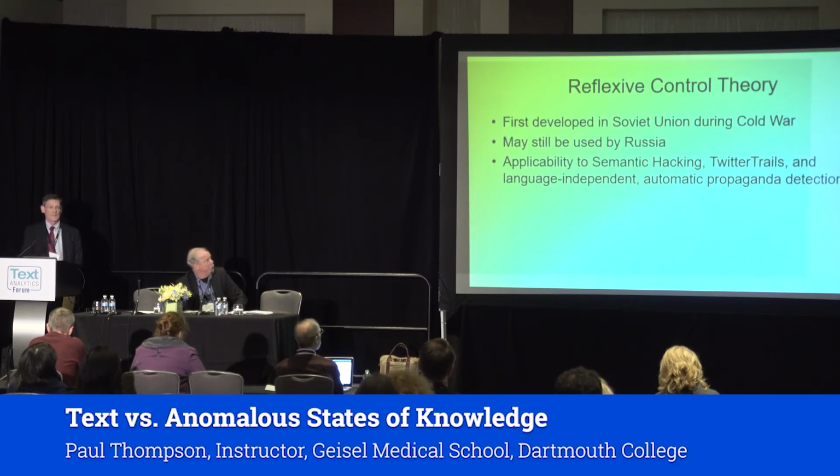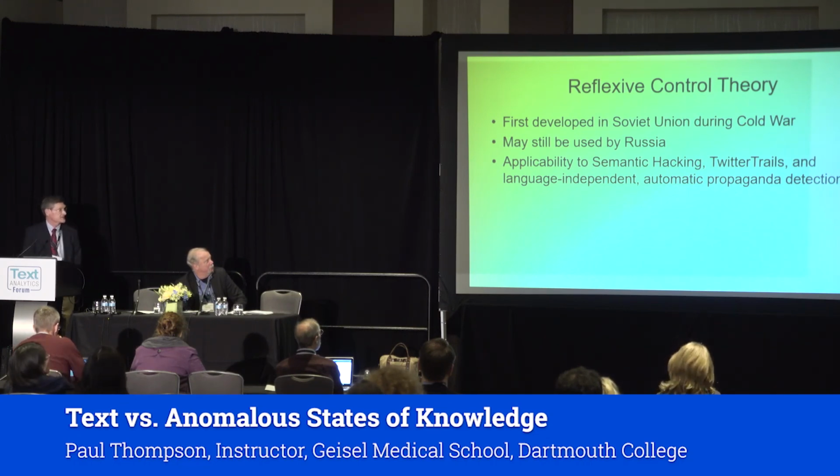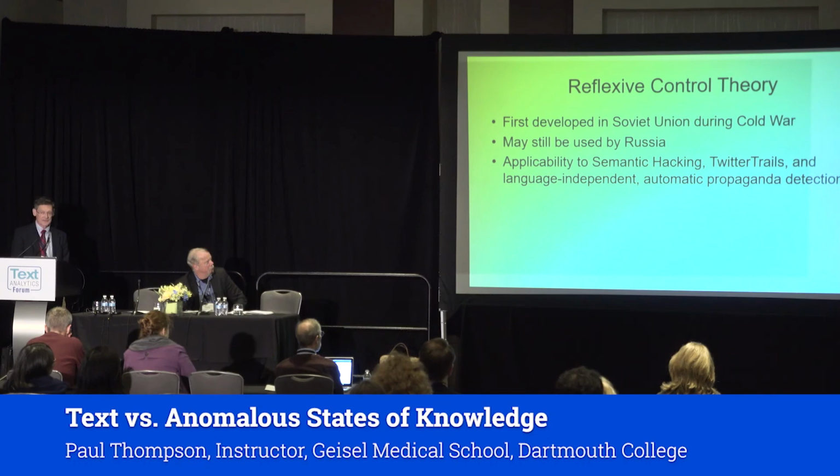And then another aspect of this I wanted to talk about was reflexive control theory, first developed in the 1960s in the Soviet Union. And government researchers here speculate that Russia, say in the 2016 US election, for example, is still using this theory to manipulate users' voting behavior.